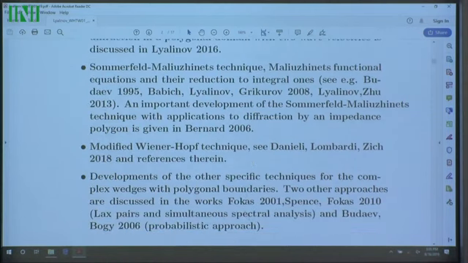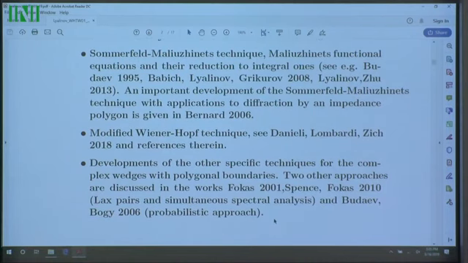It's also important to mention two other, maybe not so widely known approaches. One of them is by Fokas. For example, you can see some results, at least some attempts, to solve the problem of diffraction in a polygonal domain. You can mention this work and also some relatively recent work by Fokas and Spence.